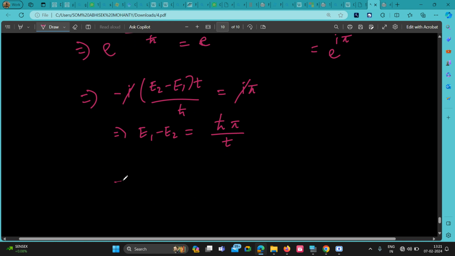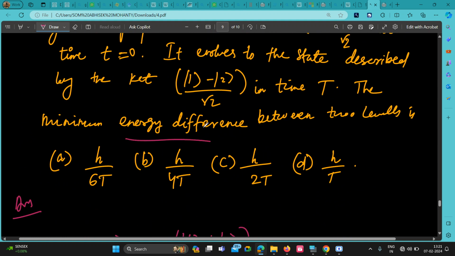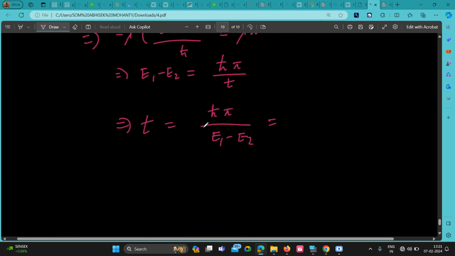But we need t, right? So t is equal to h cut pi by e1 minus e2. Oh, what is the question again? Let's see. The energy difference. Okay, the energy difference is asked, so e1 minus e2 we have to find. It is correct actually.